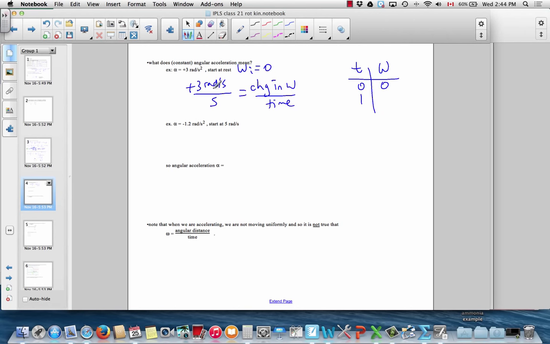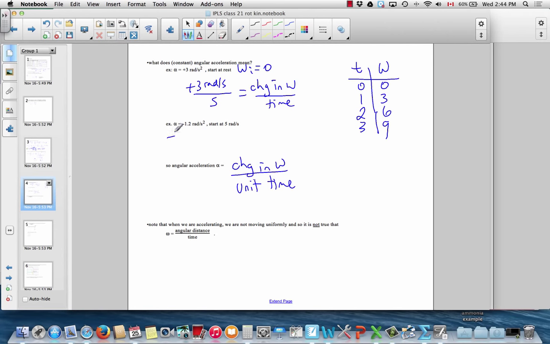After 1 second, because it's plus 3 rads per second, you're then going at 3. And each second, you would be going up by 3. So that's what acceleration is. It's the ratio of a velocity change to time. So I'll write it as a word equation. Change in velocity per unit time interval.